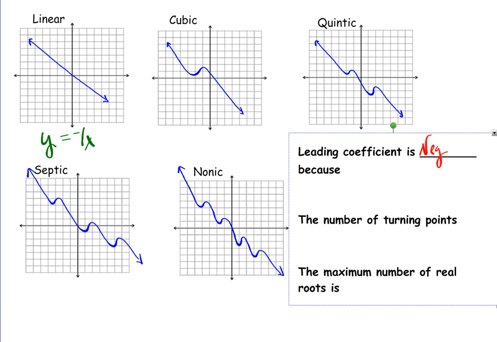The turning point rule didn't change. The number of turning points is still 1 less than the degree, and the maximum number of real roots is equal to the degree. Very good information that we need here.